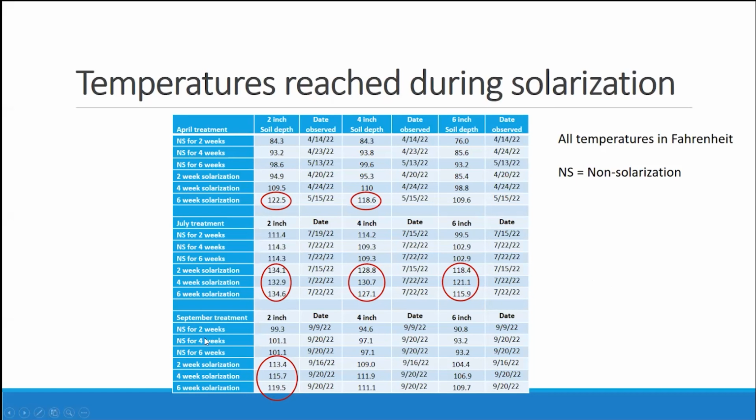In September, and I'll show you this, there was really only the 2-inch depth where we managed to get over that threshold. A little bit in the 4-inch, but nothing in the 6-inch. And in April, the previous photos I showed you, 6 weeks, 2 and 4 inches. So weeds can be buried pretty deep, and again, every time you disturb the soil, you're bringing them back up.